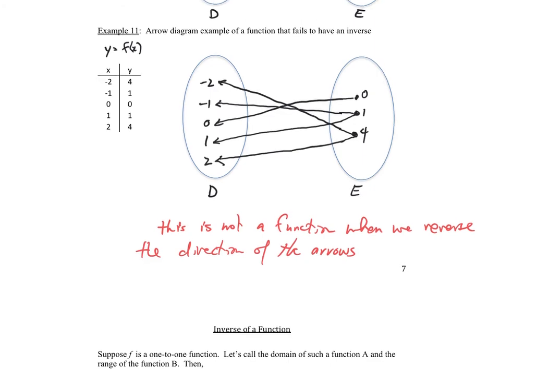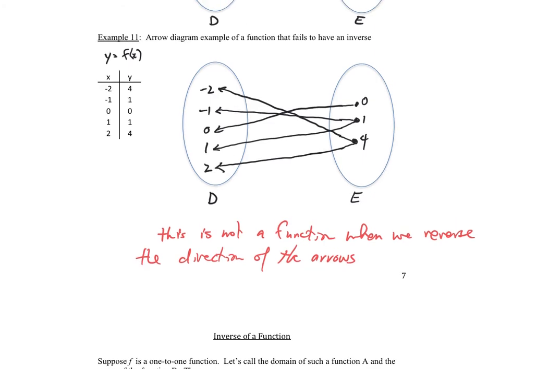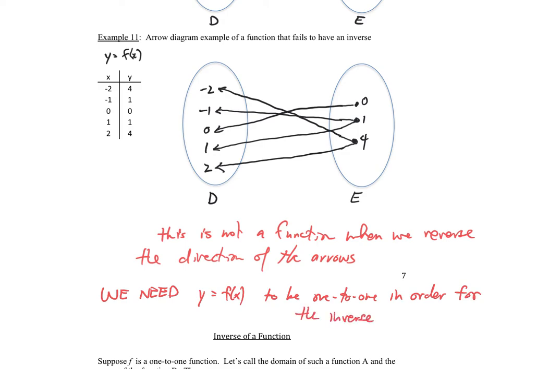So I think one of the big takeaways is we need your original function y equals f of x to be 1-to-1 in order for the inverse function to exist.